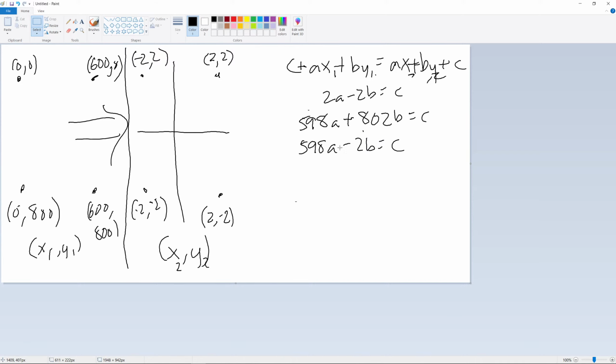So let's see. 598a plus 802b equals 598a minus 2b. So 802b equals 2b. Well, that doesn't make sense.